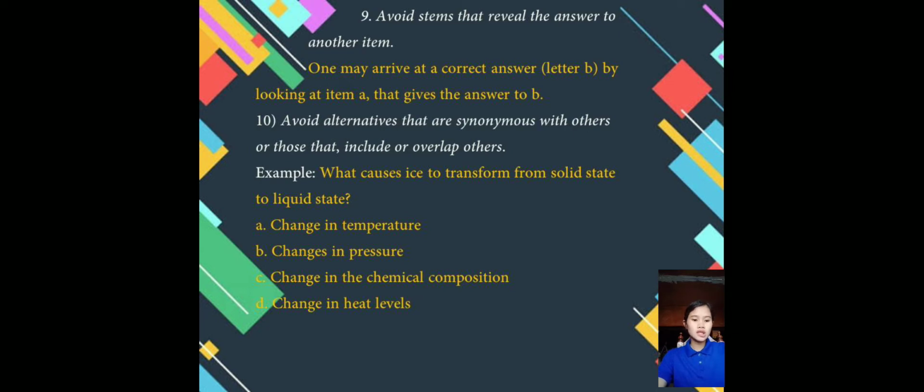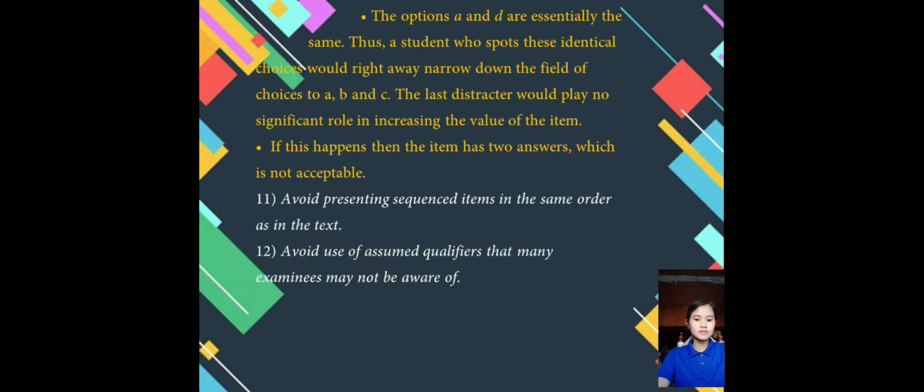Or D. Change in heat levels. So the options A and D are essentially the same, right? Thus, a student who spots these identical choices would right away narrow down the field of choices to A, B, and C. The last distractor would play no significant role in increasing the value of the item.